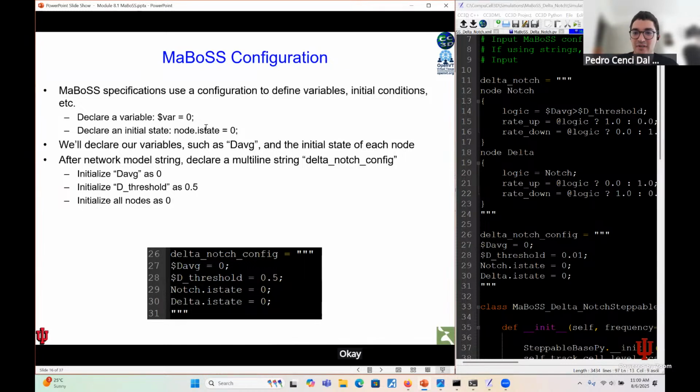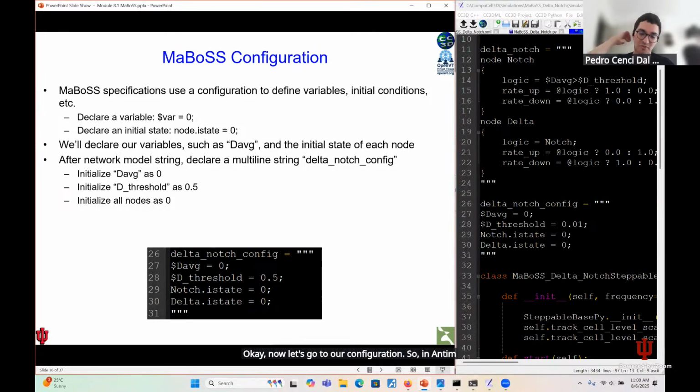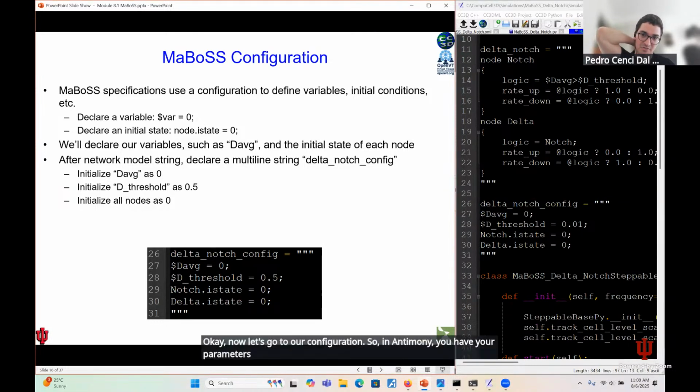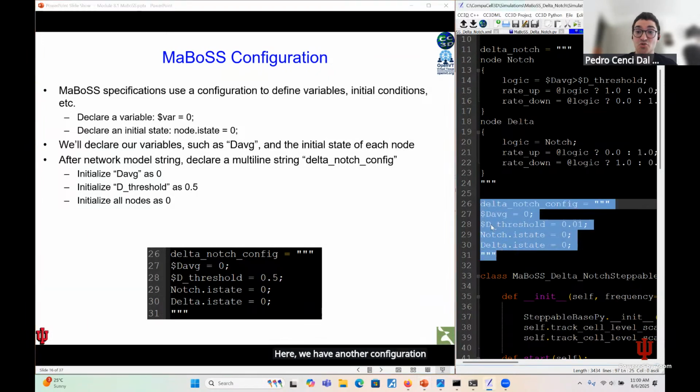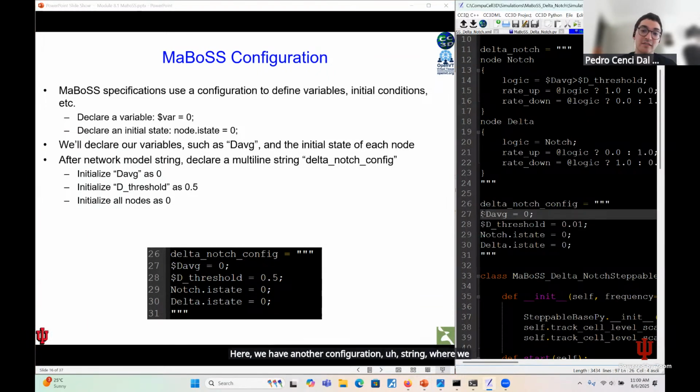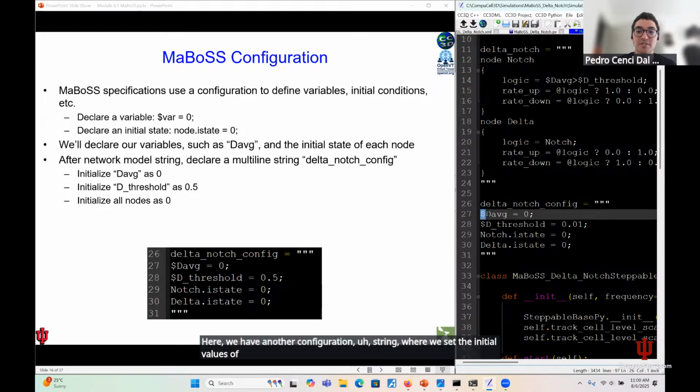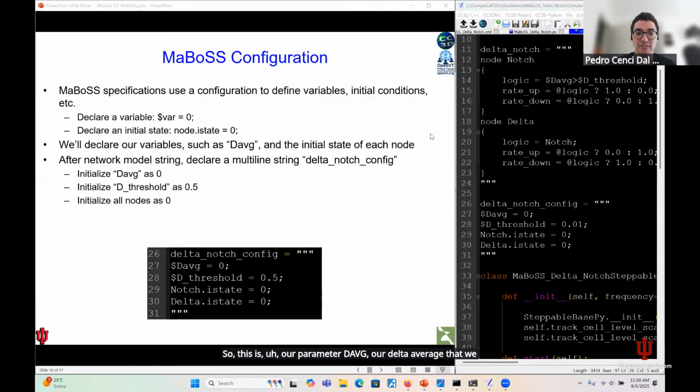Okay, now let's go to our configuration. So in Antimony, you have your parameters inside the model string. Here we have another configuration string where we set the initial values of parameters. So here parameters come with a dollar sign. So this is our parameter DAVG, our delta average that we measure from surrounding cells.